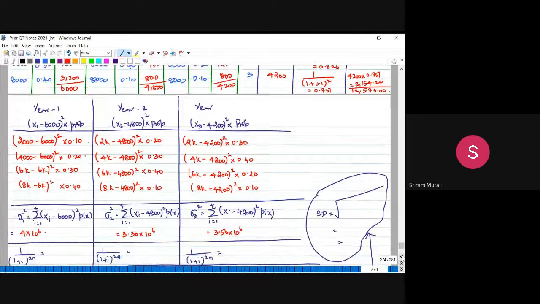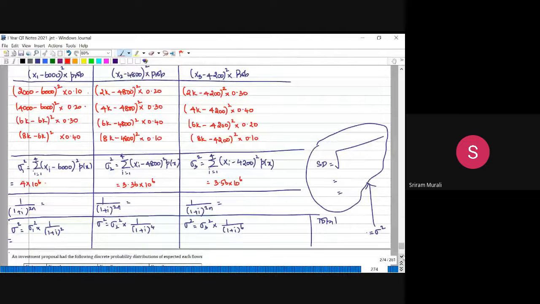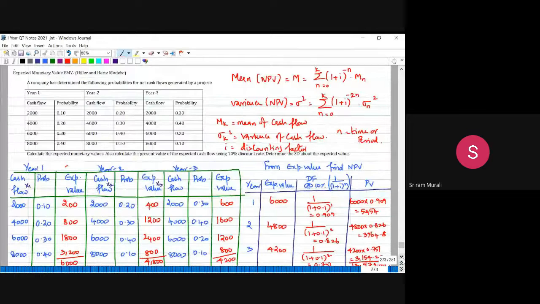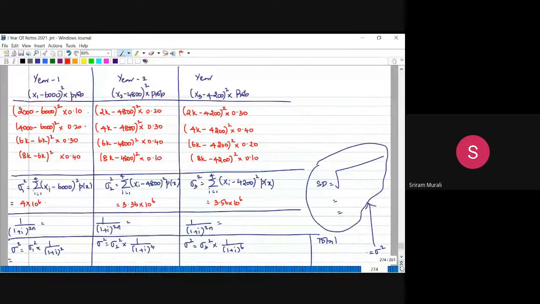So what is the present value? It is 1 plus i the whole power 2n. Why is this 2n? Because this is the formula: 1 plus i the whole power minus 2n. Bring it to the denominator. That is why it is 1 by 1 plus i the whole power 2n.